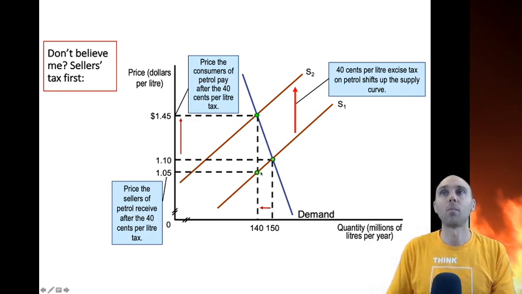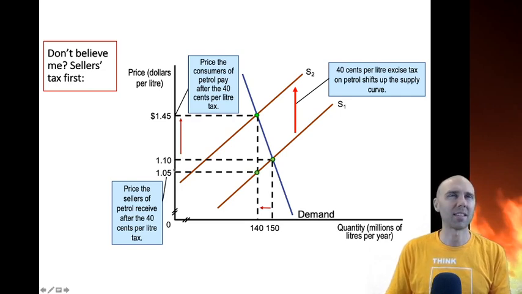So this is the amount of money that the sellers actually receive per litre. This is the amount that the buyers pay. And obviously that big rectangle in there, that's going to be the tax revenue. Notice that the change from $1.10, which was the buying and selling price before, has been much bigger for the consumers than for the producers.